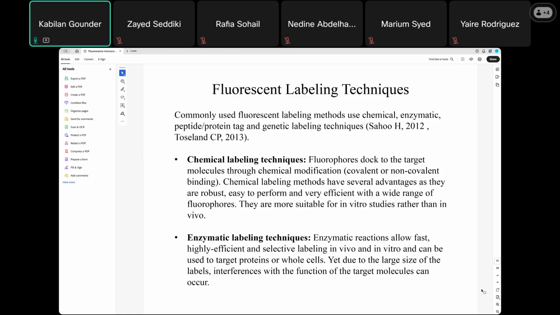So enzymatic labeling is very important, and you can study both in vivo and in vitro. The only drawback is that because of the larger size due to the labeling, interference with the functions of the target molecules can occur. But with an efficient understanding of the correct concentration of proteins or whatever you're labeling, that will overcome these issues.